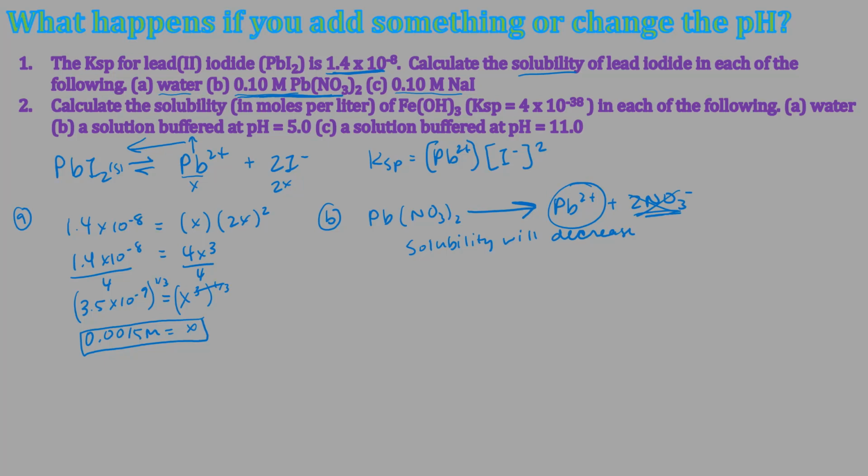So when we do these calculations, instead of having x here, you're going to have the concentration that you're putting into it. So since I have 0.10 molar of the lead 2 nitrate, that means that I'm going to have 0.10 molar of lead 2, and I have 0.20 molar of nitrate, but the nitrate's not going to affect it. So we're only concerned about this.